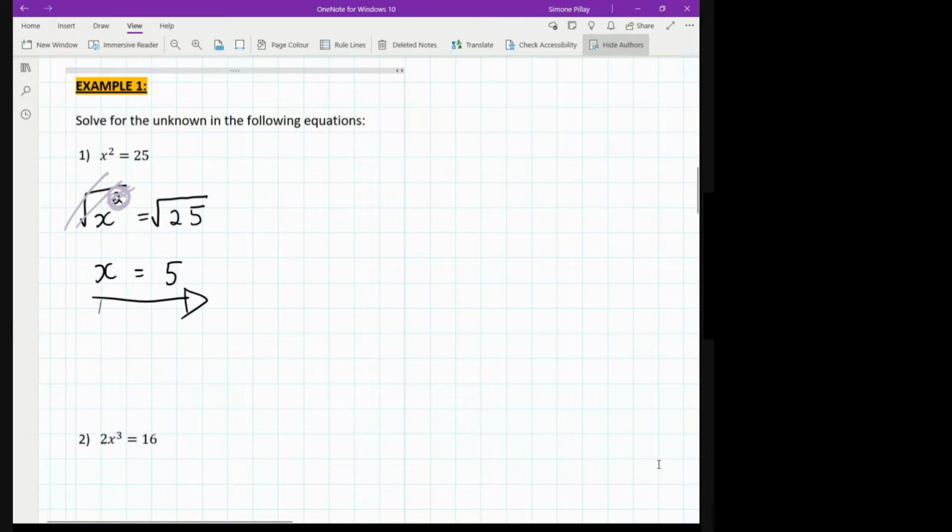I needed to use inverse operations because that's what we do when we are solving equations, right? So what's the inverse of the square? To square root. And so that is why I square rooted, because I wanted to get x by itself. I needed to remove a square. And so to remove the square, I square rooted. Does that make sense?